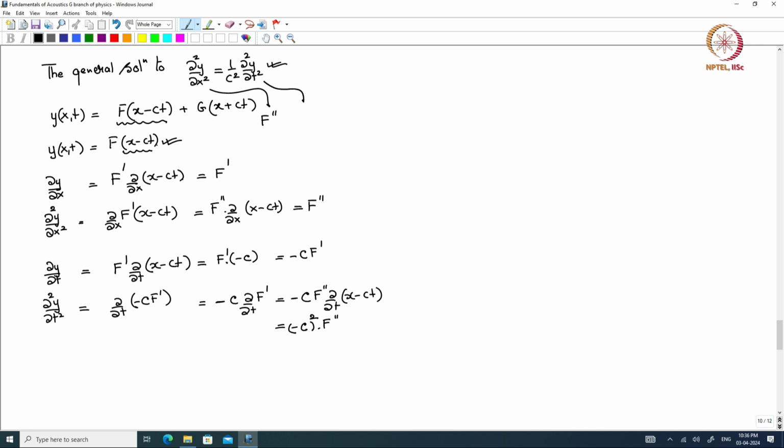So, this side is now c square f double dash divided by c square, and therefore I get f double dash on the left and f double dash on the right. So, this form is indeed a solution. One can check the other form also and get the same result.